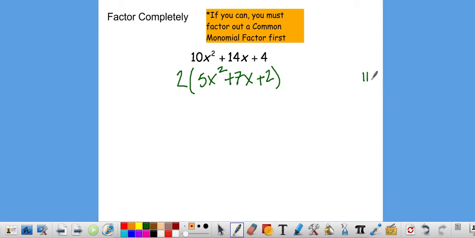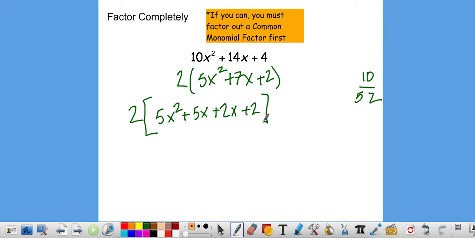So AC is 10. What multiplies to 10 but adds to 7? 5 and 2. What we're going to do now is keep this 2 way on the outside. And we're left with 5x squared plus 5x plus 2x plus 2. Group in the middle. Keep the 2 outside.